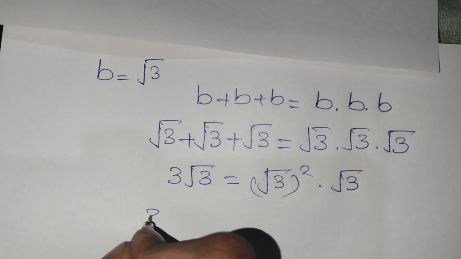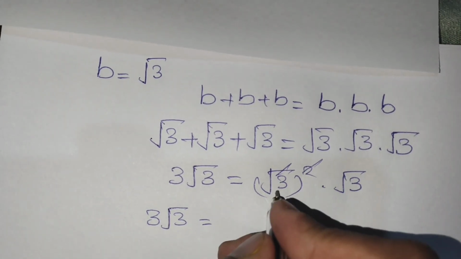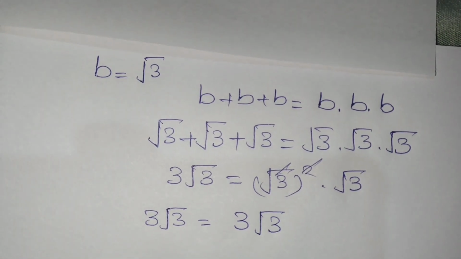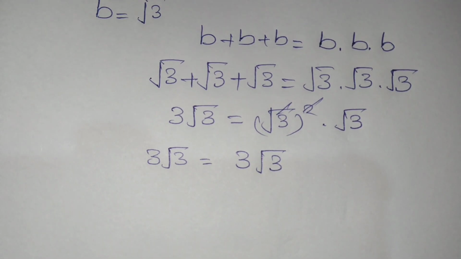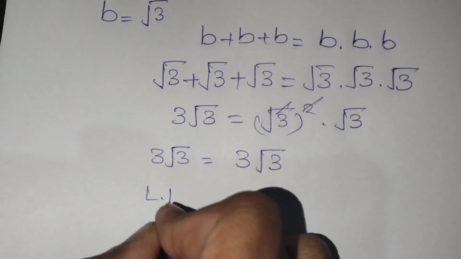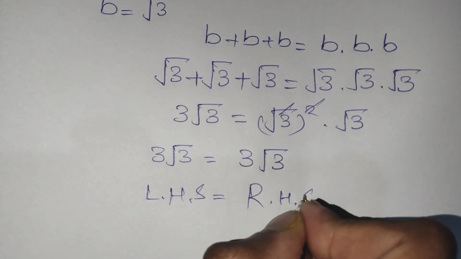This is 3 square root of 3 equals, square root cancels with square, 3 times square root of 3. It means left hand side equals right hand side.